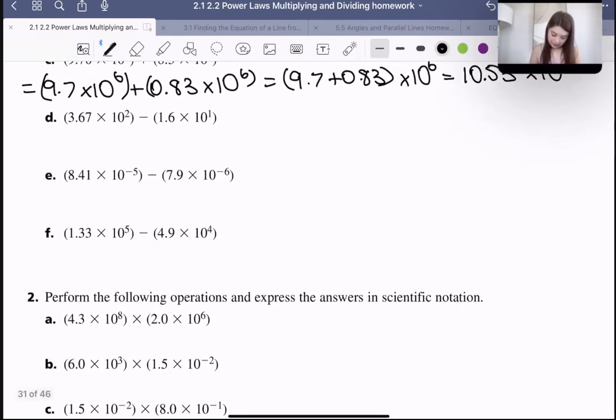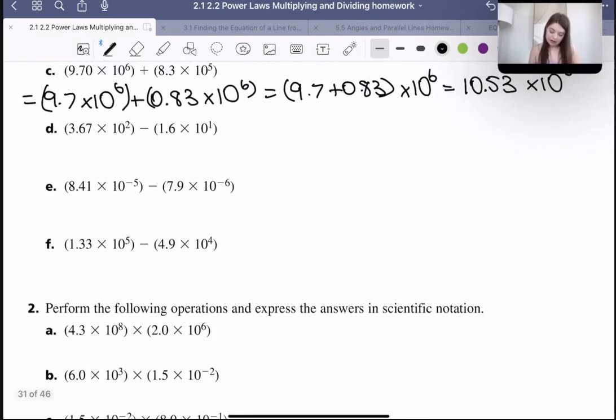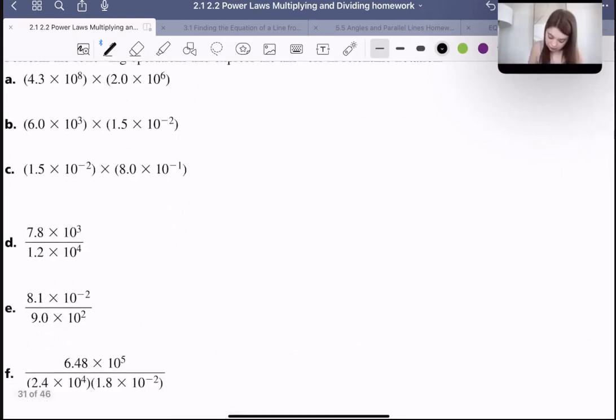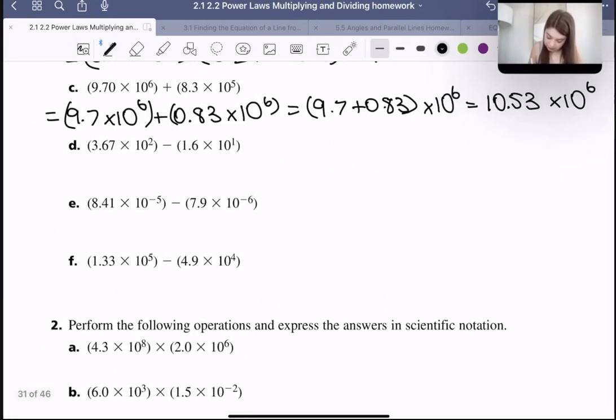Okay, all right, here's our next one. This one, the lower power is 10 to the power of 1. We have 10 to the 2 and 10 to the 1, so the lowest is 10 to the power of 1. I'm going to raise that power up to 10 squared. So we're going to have 3.67 times 10 squared minus 0.16 times 10 squared.